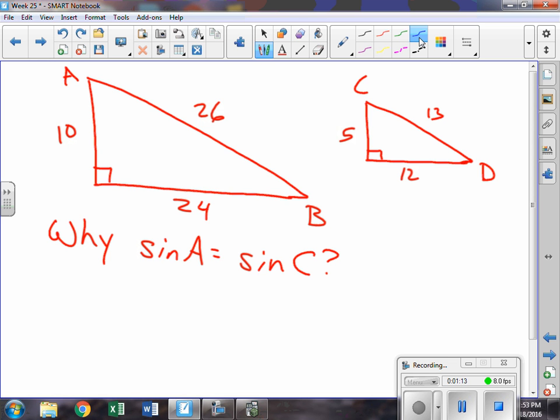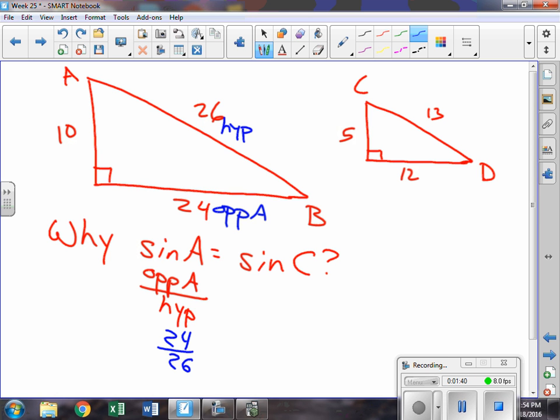Absolutely, Shannon. Since sine is opposite over hypotenuse, we started off by observing opposite of A over hypotenuse. In that particular instance, where is the opposite of A? Yes, Josh. The opposite of A is 24, and the hypotenuse was 26.